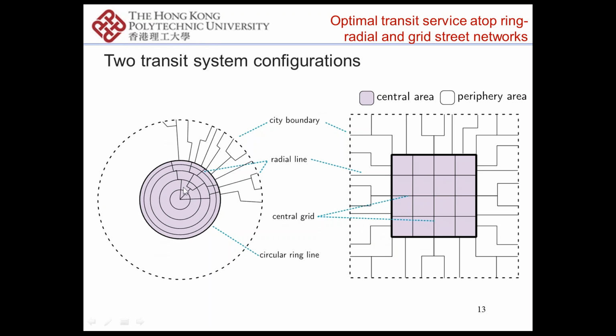In the ring-radial, in the central urban area, there are ring lines and orthogonal radial lines. For the grid network, in the central urban area, there are orthogonal horizontal and vertical transit lines. And also a periphery crown with only one set of non-crossing lines. In both cases, in the periphery, there are only radial lines.